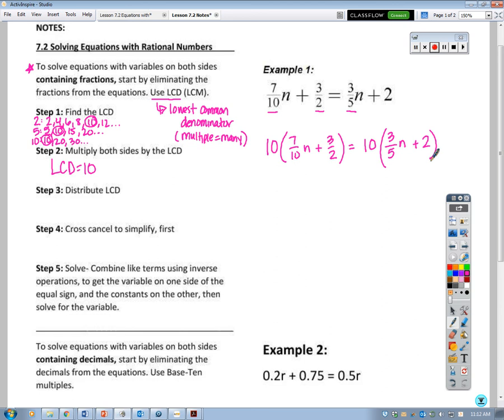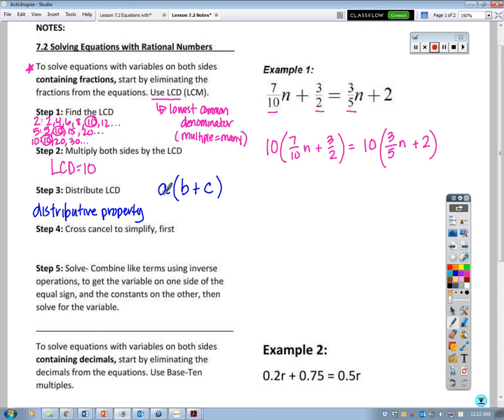The next thing I'm going to do is distribute. We're going to look more at the distributive property in 7.3, but it says that if I have a value times a quantity inside parentheses, I can distribute it inside my parentheses.